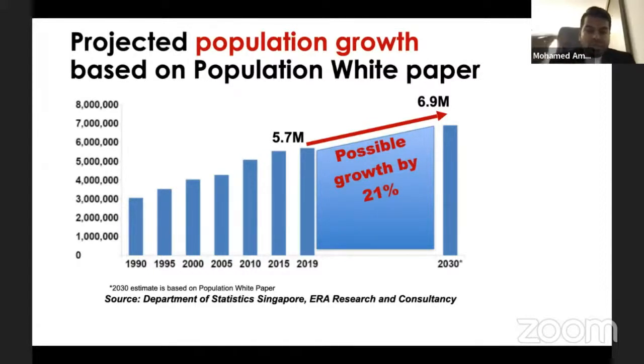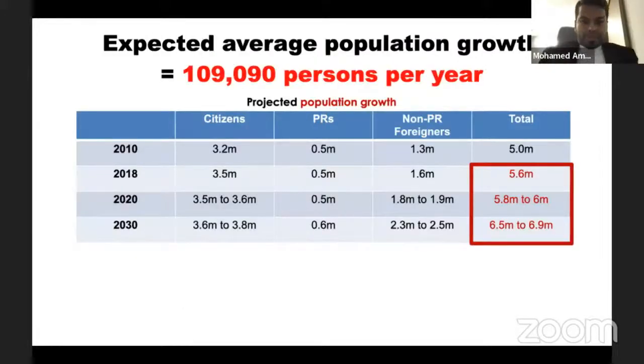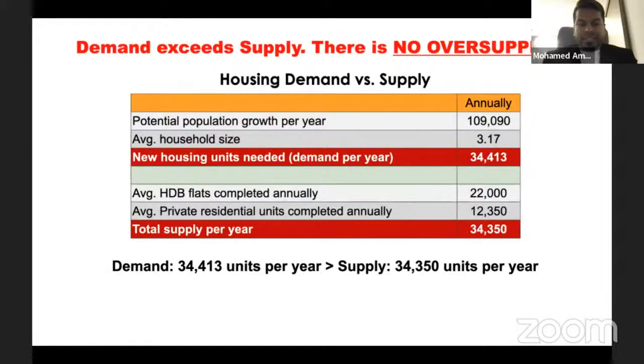As your population goes up, your property price goes up together with it. The expected average population growth is 109,000 persons per year. For housing demand per annum, we require about 34,400 units, and the supply is also about 34,000. So it's just right for demand and supply.